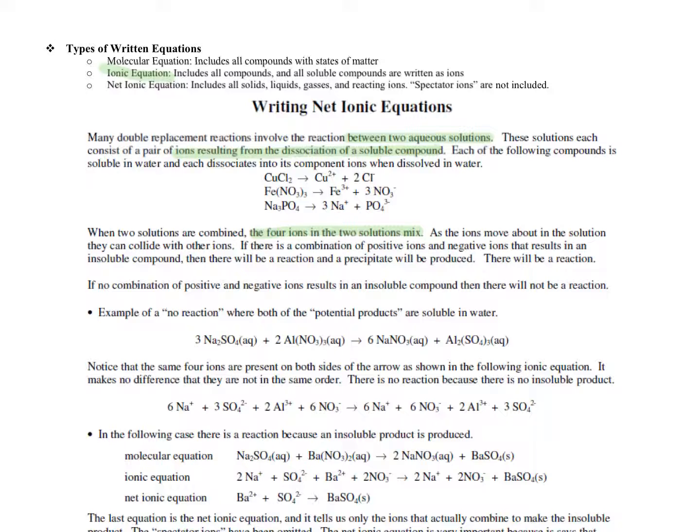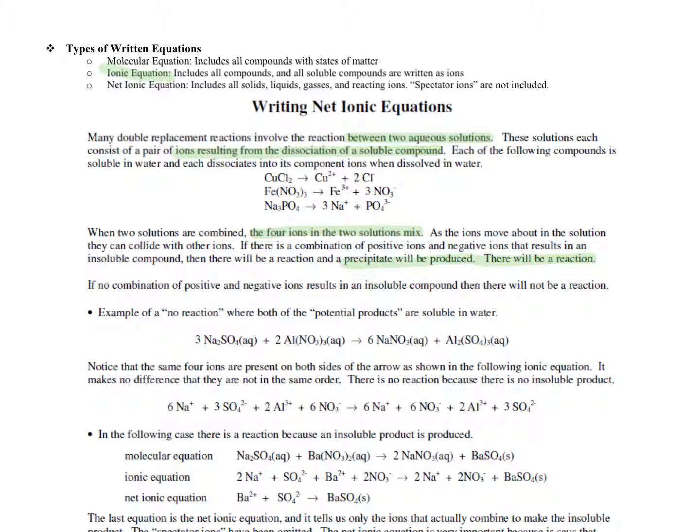So as they collide and form the new compounds, that's how a new reaction is occurring. And if this forms a precipitate, if these ions collide with each other and the new compound it forms is not soluble, then a precipitate will fall to the bottom of the beaker. A new substance has been formed. These 2 liquids have produced a solid. That's how you know a chemical reaction occurred.